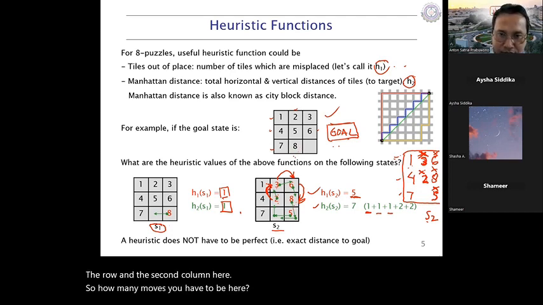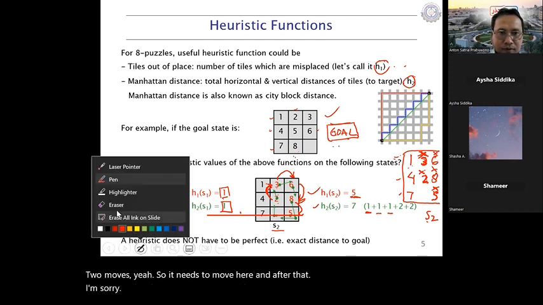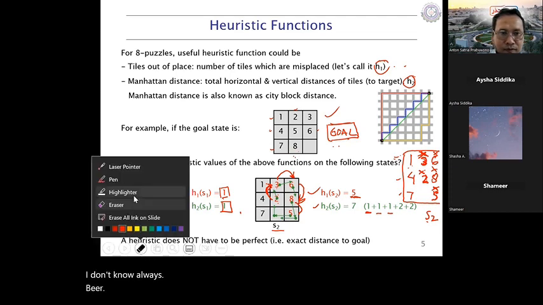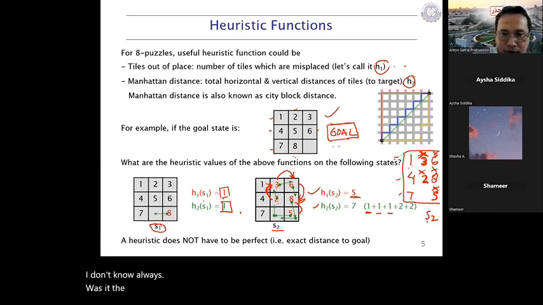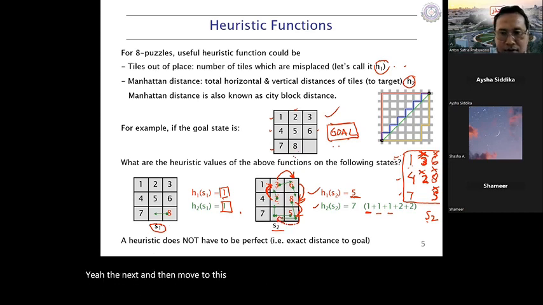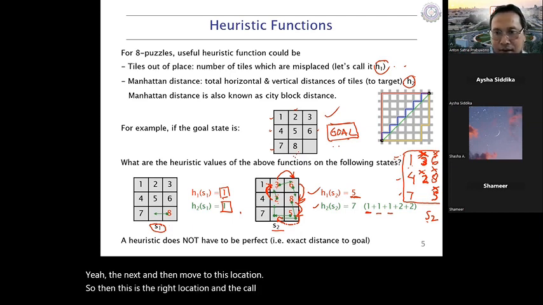It needs to move here first, then move to this location. Then this is the right location, the goal. So 8 has 2 moves. That's why you put 2.